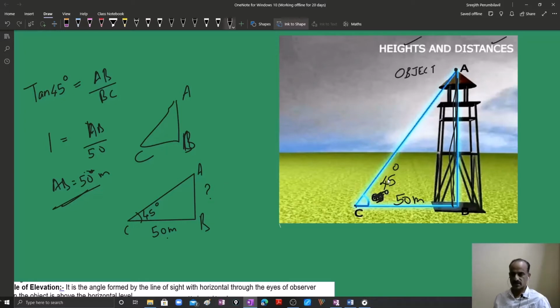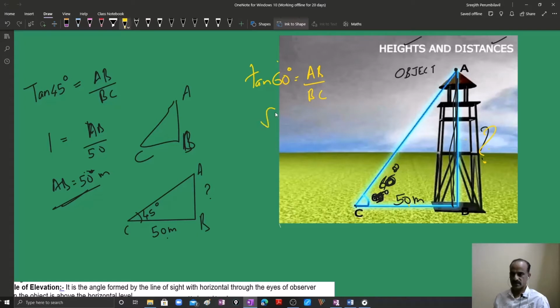Suppose this angle is not 45 degree, but 60 degree, and we are walking 50 meters. Again, we ask a question to ourselves. This is what we need to find, that is the unknown. The unknown and known are connected by the opposite side and adjacent side. So we go for tan 60 degree. Tan 60 degree is equal to opposite side by adjacent side.